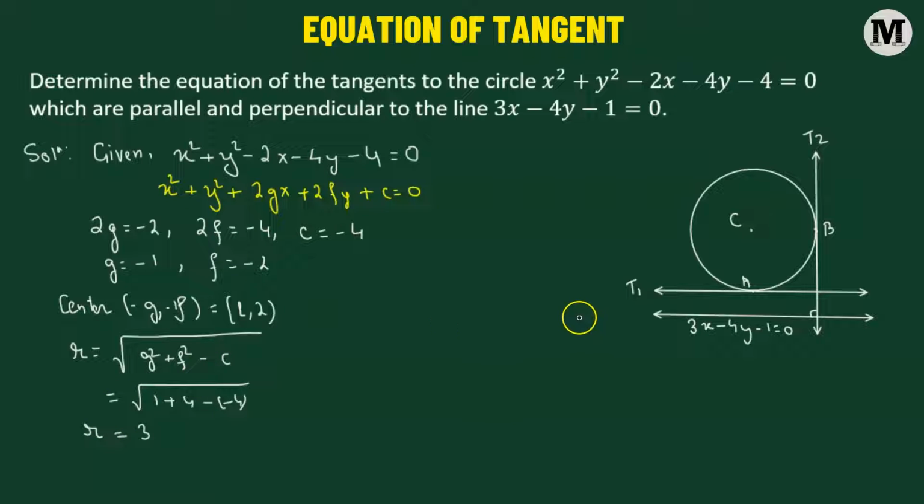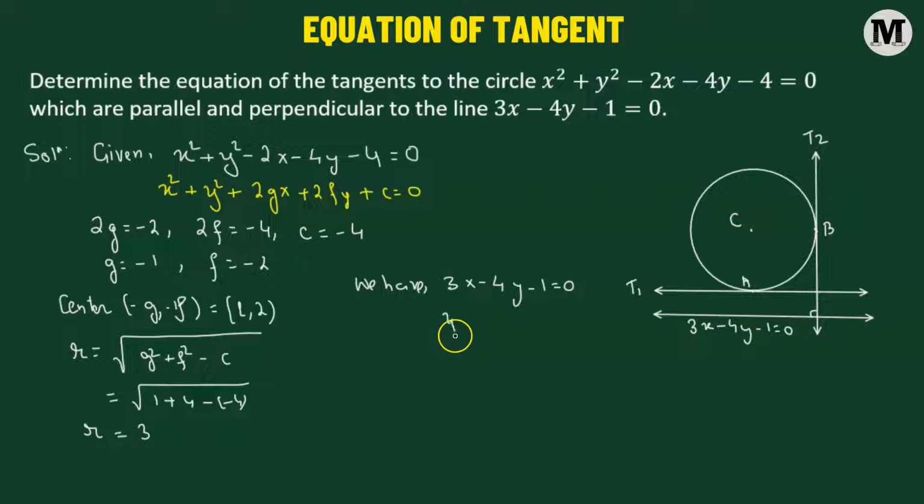Now let's try to find out the equation of the tangent line T1. To do that, we will need the slope of the straight line whose equation we are given. So here we have the equation 3x minus 4y minus 1 equals 0.